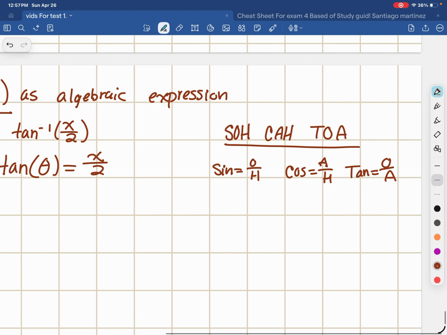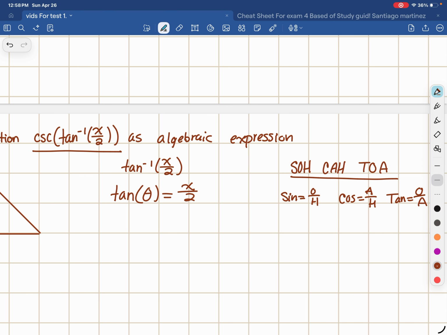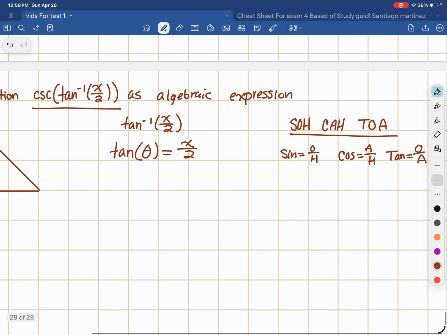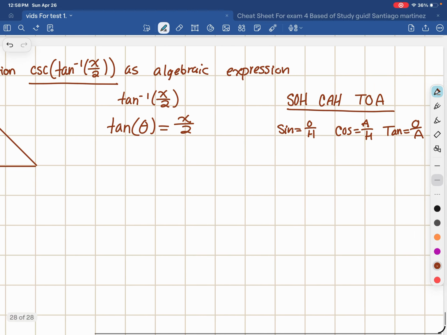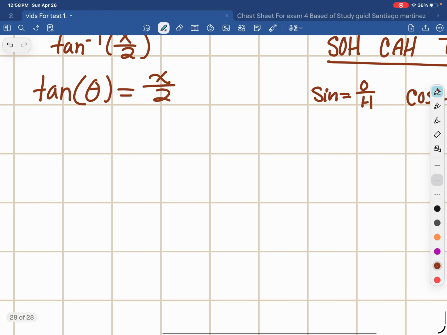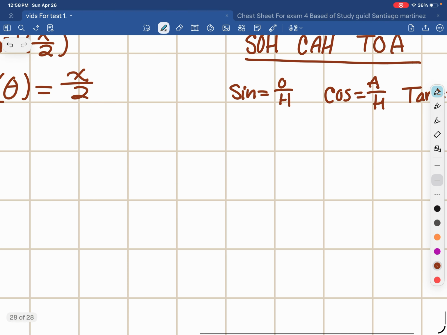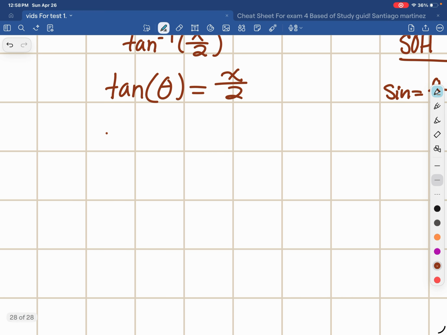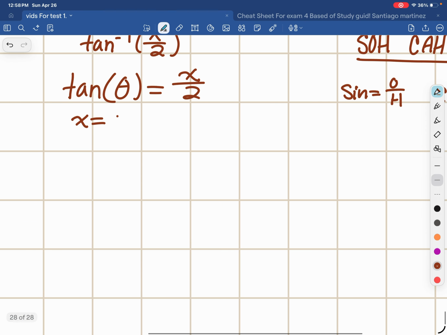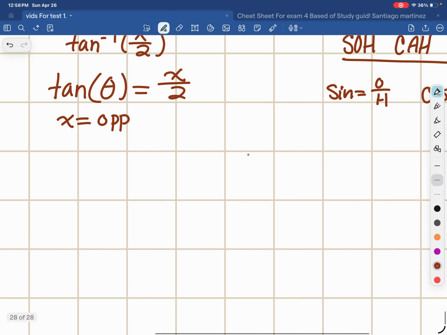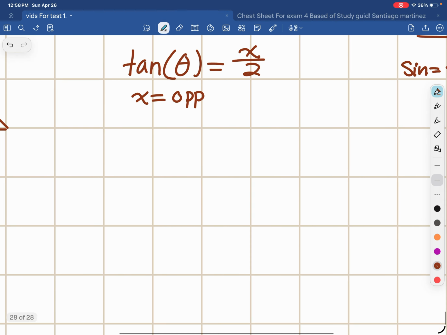We should know that by heart and use it to calculate the sides of the triangle. We have tangent, which is opposite over adjacent, so we can rewrite this as x is equal to opposite, and 2 is equal to adjacent.